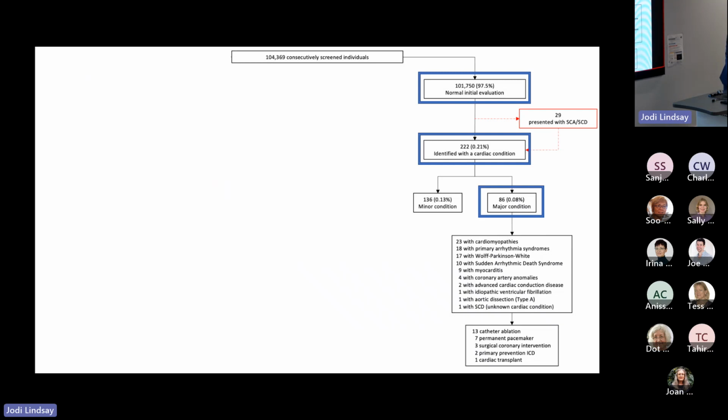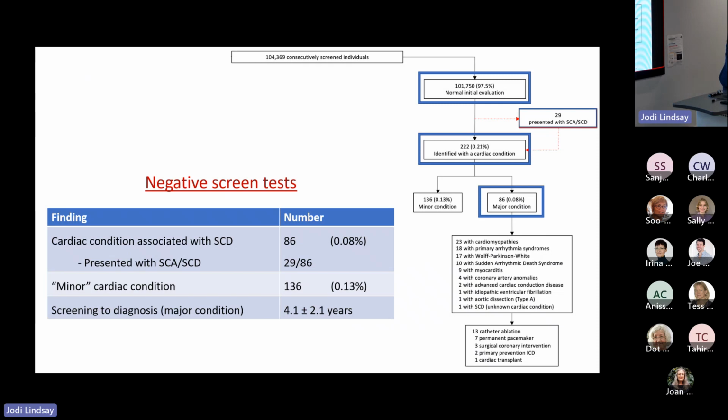Some of them had cardiomyopathies, some of them had ion channelopathies, and 29 individuals experienced sudden cardiac arrest or sudden cardiac death, despite the fact that they were cleared by screening, and a similar proportion was identified with minor cardiac conditions. And the point to highlight as well is that there was, on average, a 4-year gap between the clear screening and getting a condition diagnosed or identified.